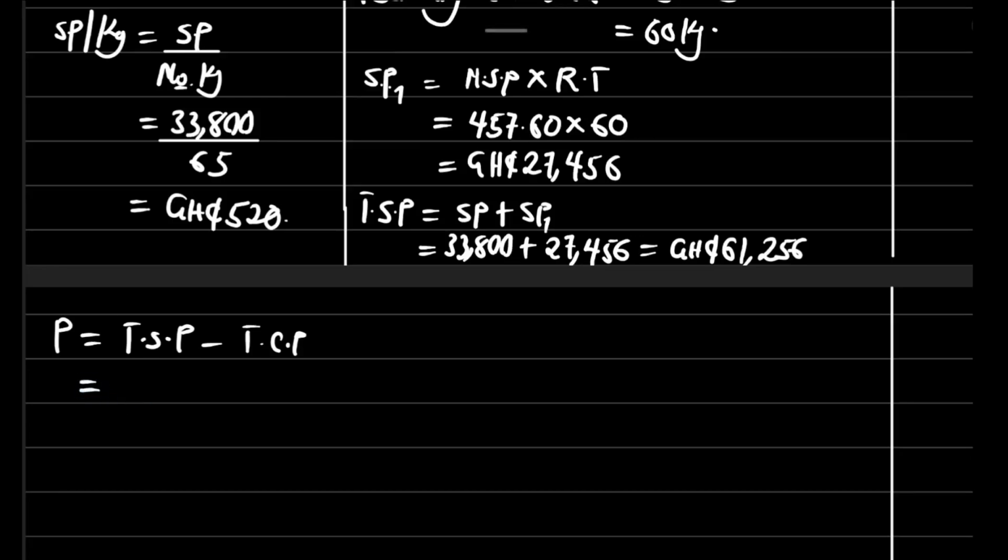The total selling price is 61,256 minus the total cost price of 52,000. So we get a profit figure of 9,256.